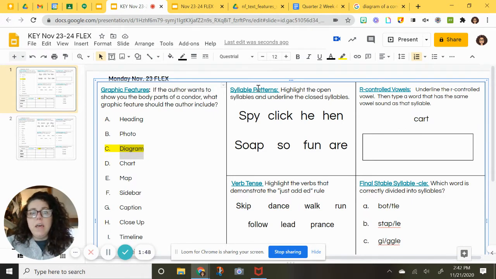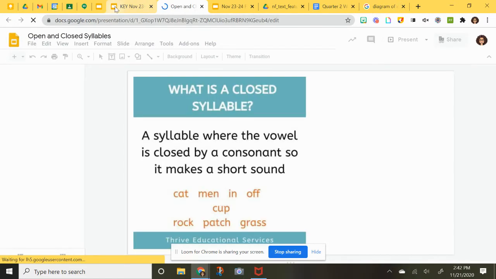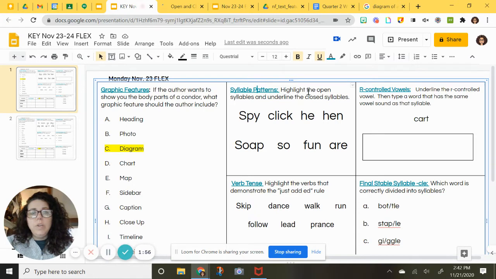Syllables, if you forgot about your open and closed syllables, you can check that out right here. So what you're going to want to do is highlight the open syllables and underline the closed. The first word is spy. The vowel is the Y, making the long I sound. So long vowels at the end of the syllable are going to be open.